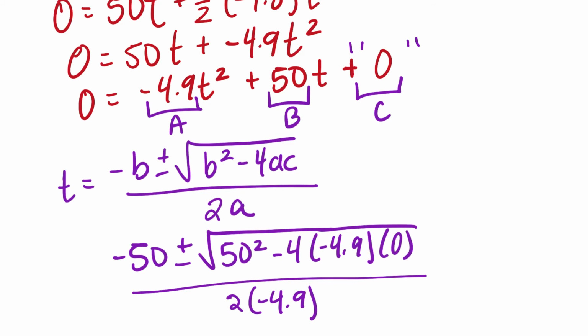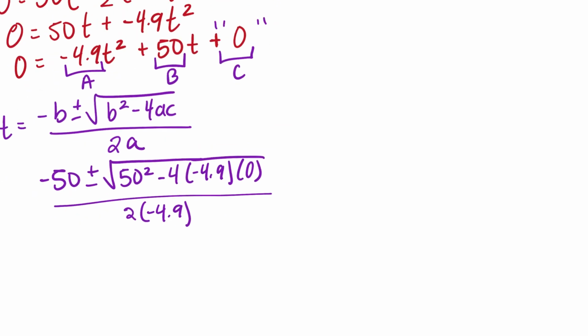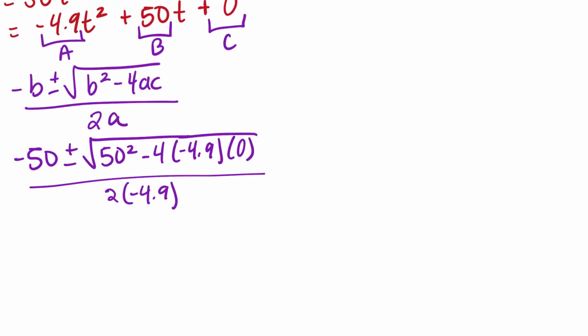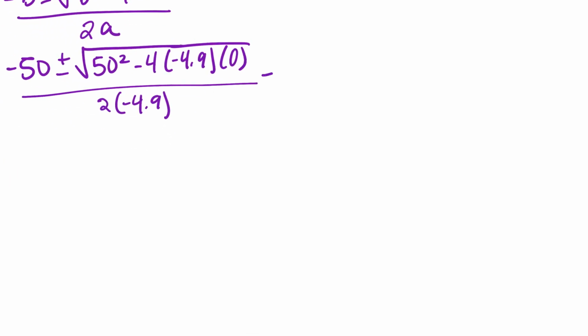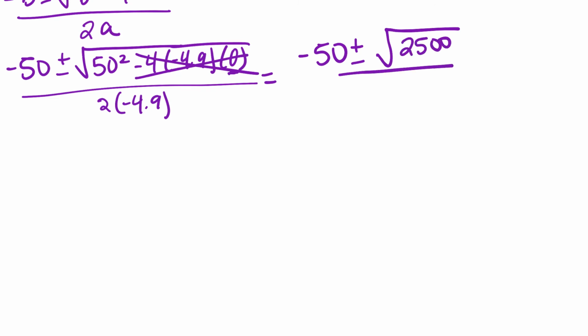So from here, we're just going to simplify this down. And that's going to equal negative 50 plus or minus the square root. And this bottom part here, we have the 0 here. So this second half of this is going to be canceled out. And then 50 squared, when we put that in the calculator, we end up getting 2,500, and then divide that by negative 9.8.